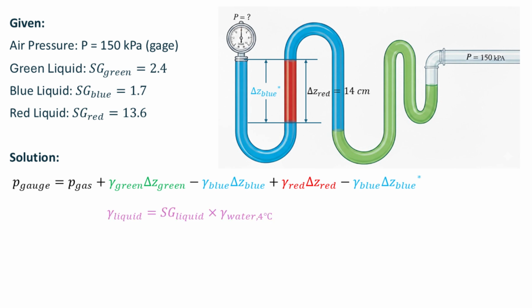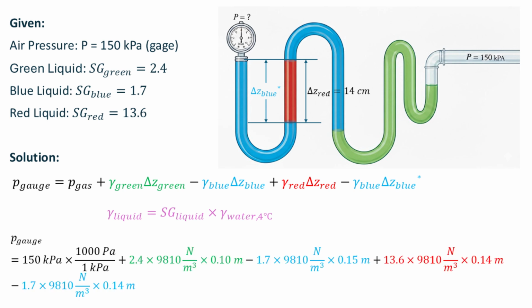We have finally finished our long journey from the beginning of the manometer till the end of it that is connected to a pressure gauge. The corresponding equation is shown here in this slide. This is naturally developed as we imagine our journey through the fluid. Now let's recall that the specific weight of each fluid can be calculated using their specific gravity and the specific weight of water at 4 degrees Celsius.